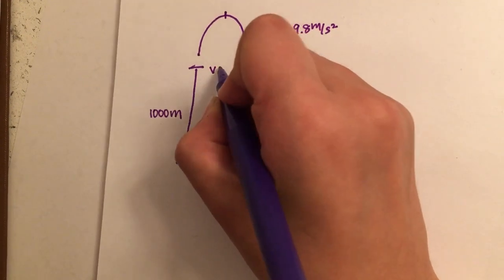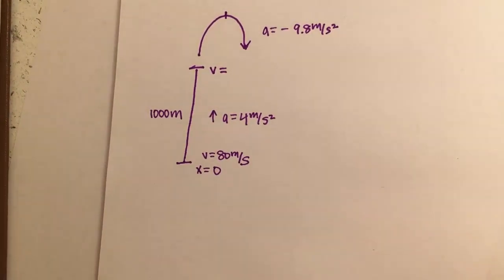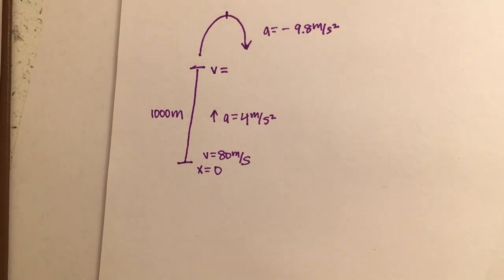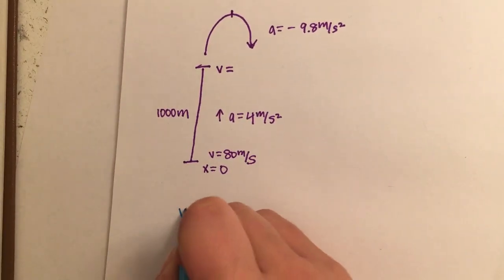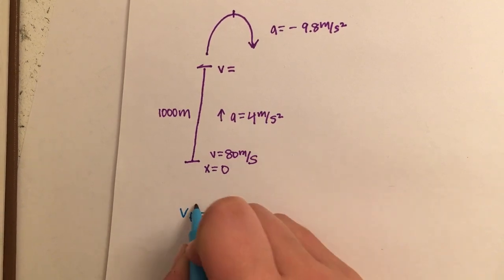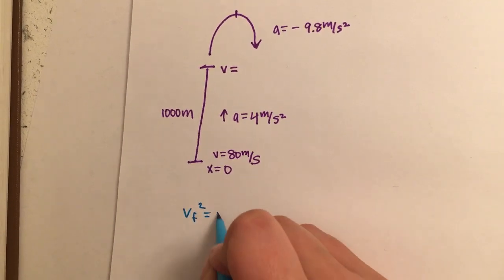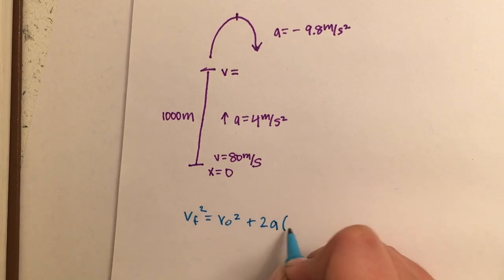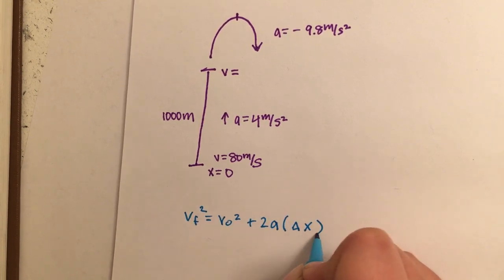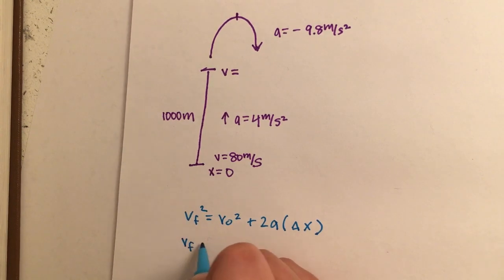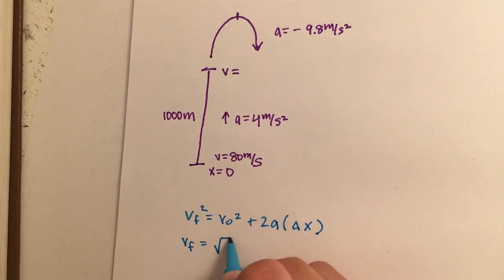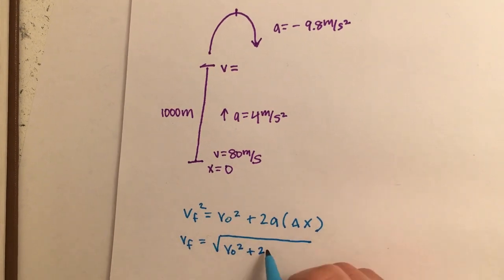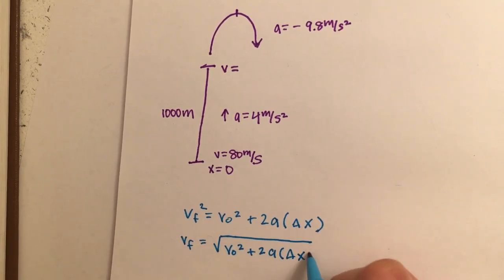To do that, we can use this kinematic equation: velocity final squared equals velocity initial squared plus 2 times the acceleration times the distance traveled. So velocity final is equal to the square root of velocity initial squared plus 2 acceleration times the distance traveled.